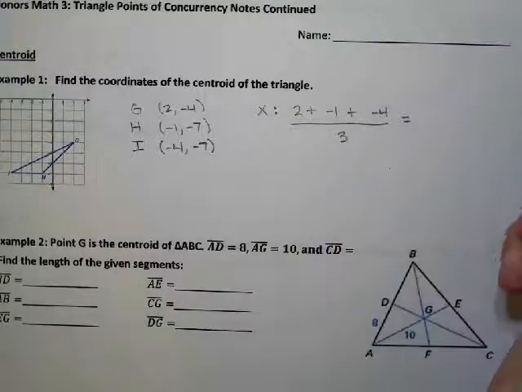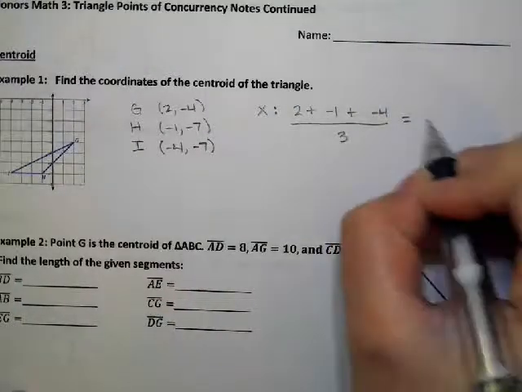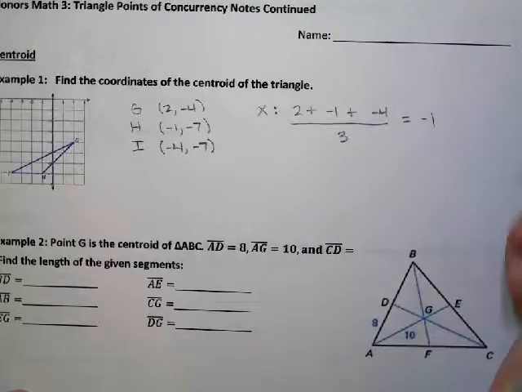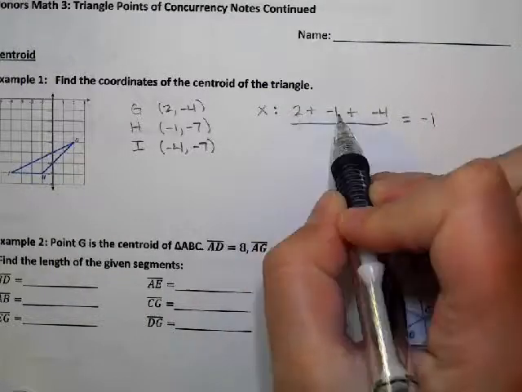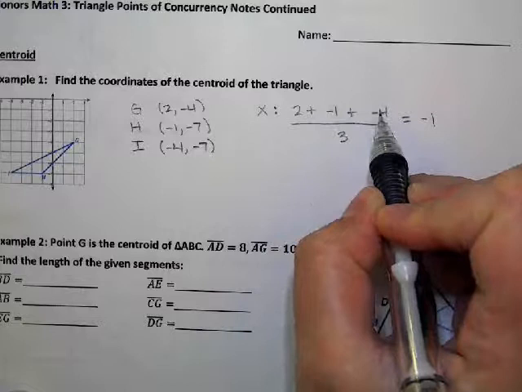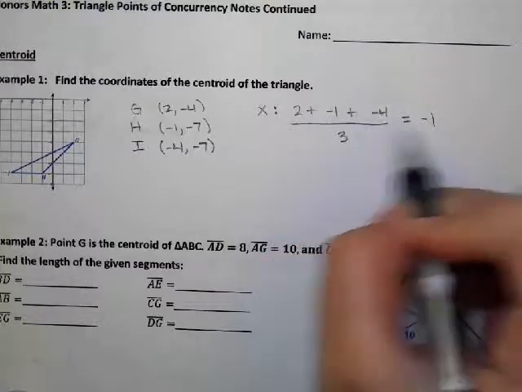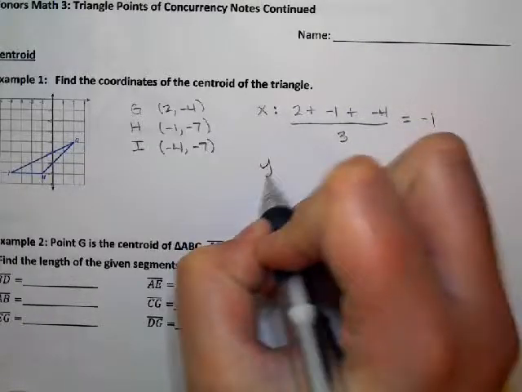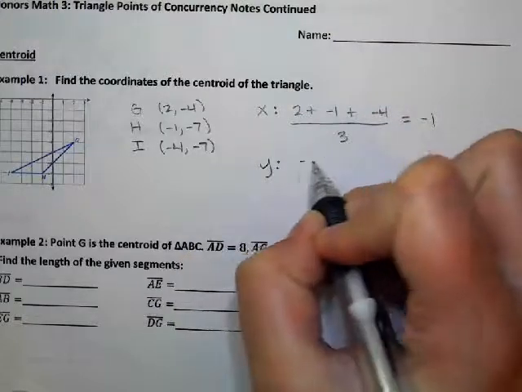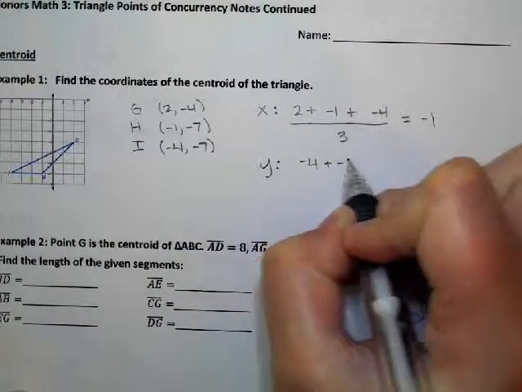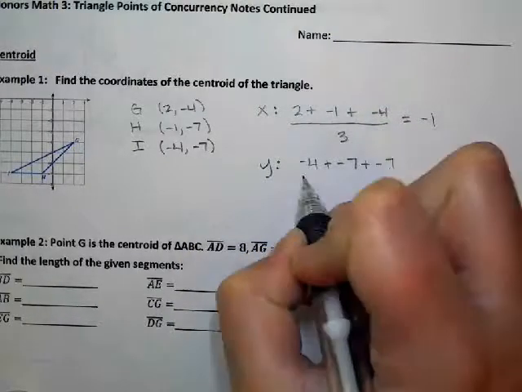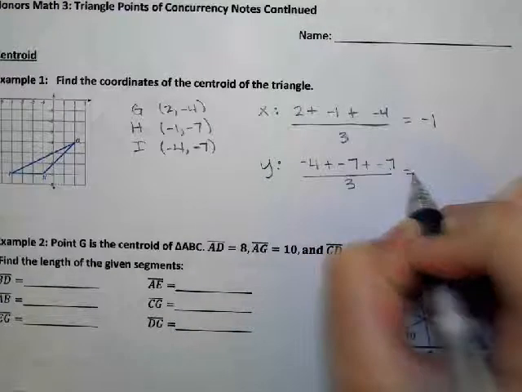And what does that give us? -1. So we got 2 minus 1 is 1, 1 minus 4 is -3. -3 divided by 3 is -1. And then for y, we're going to take the y's, -4 plus -7 plus -7, divided by 3.